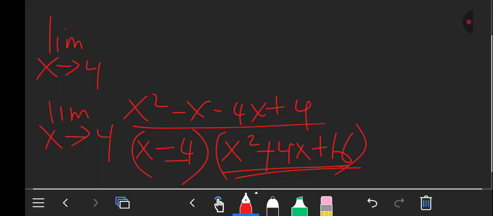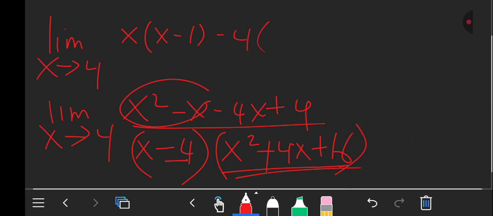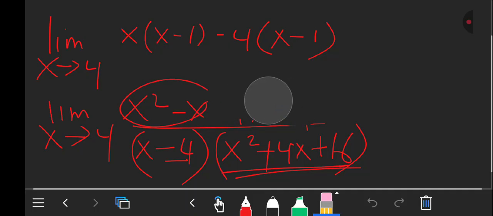I can factorize this in pairs, so it will be x open brackets x minus 1, then minus 4 times x minus 1. Okay, so that is the numerator part. I've factorized that.